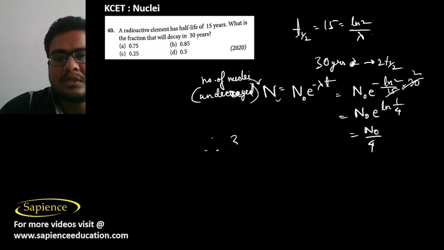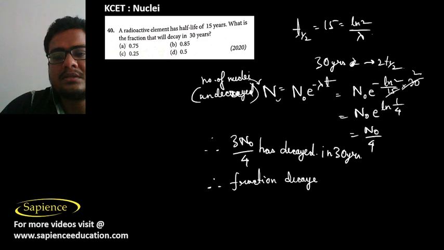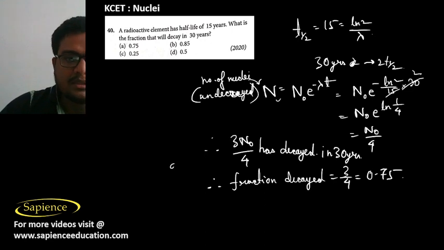Therefore 3 N naught by 4 has decayed in 30 years. So the fraction that has decayed in 30 years is 3 by 4, that is 0.75. So A is the correct answer.